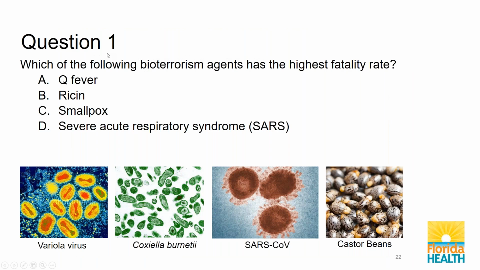So question 1: which of the following bioterrorism agents has the highest fatality rate? A, Q fever; B, ricin; C, smallpox; and D, severe acute respiratory syndrome. I'll give you guys just a minute to figure it out.